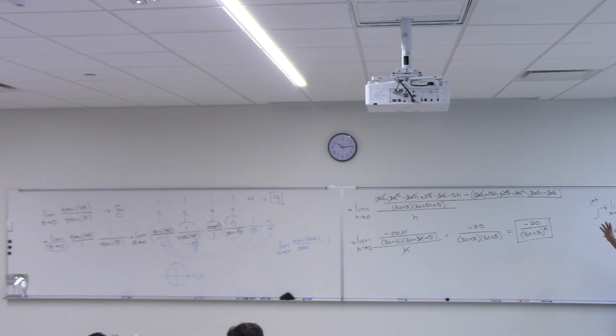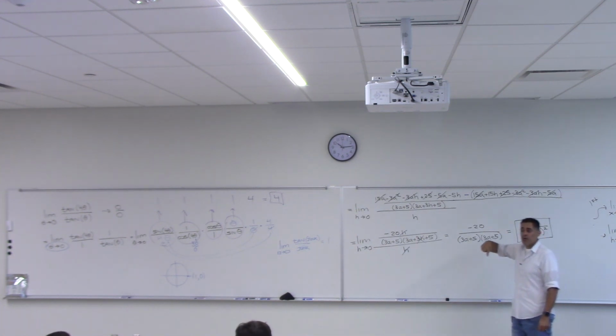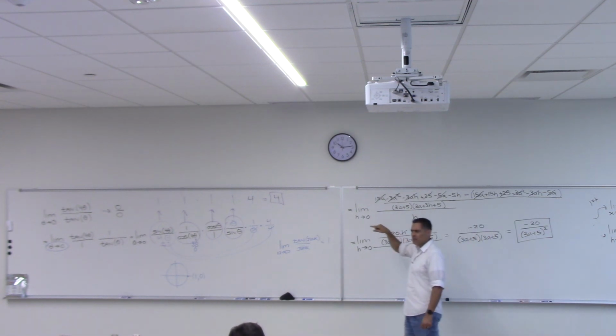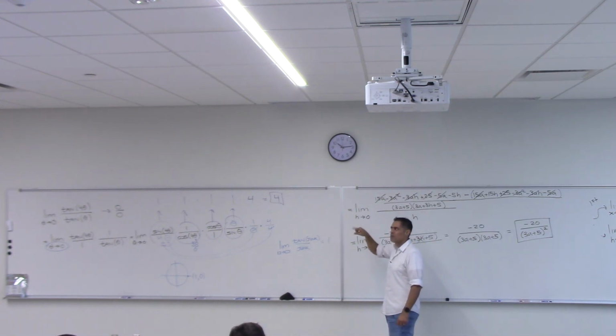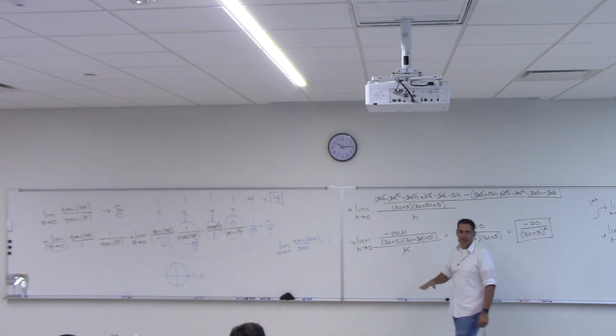It's not on this review, but it's on a homework assignment that I've already given you. So I would definitely know how to use that top definition for sure. If you want, you can use this one, but know how to use that on some pretty basic functions. It won't be like the one I just gave you, and it won't be like the one I gave you before that with the square root, 3 over square root of 9 minus x. I won't give you that.